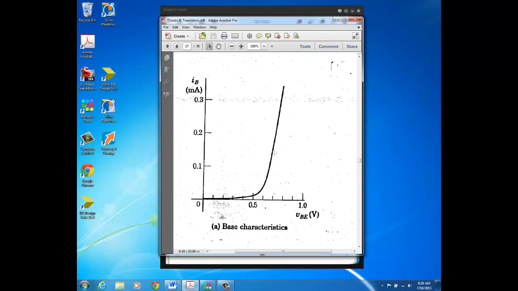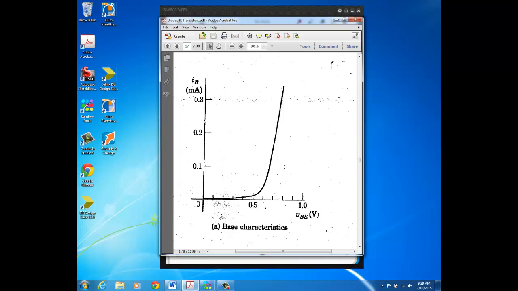where at 0.6, 0.7, that's when we start to get an appreciable current. And if you look back in previous videos, or you look back in your notes or in the textbook, you should be able to recall that this is the IV characteristic of a forward bias actual diode.